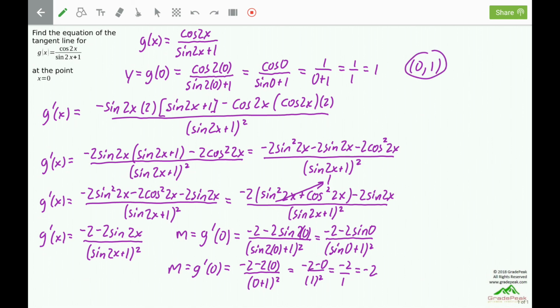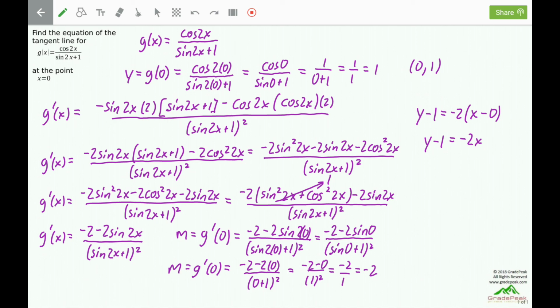So we can now make use of the point-slope formula. y minus the y-coordinate of the point, which is a 1, equals the slope, which we just found to be negative 2, times x minus the x-coordinate of the point, which is a 0. We can distribute the negative 2 in there, and that will give us negative 2x plus a 0. We don't need to write that.